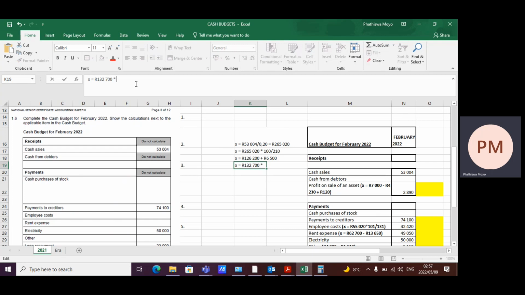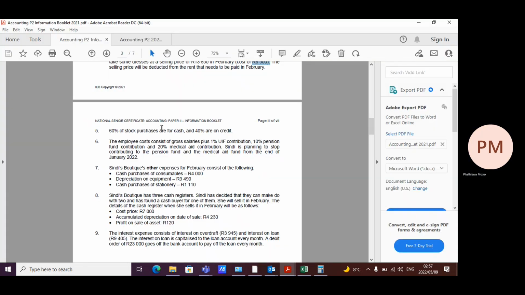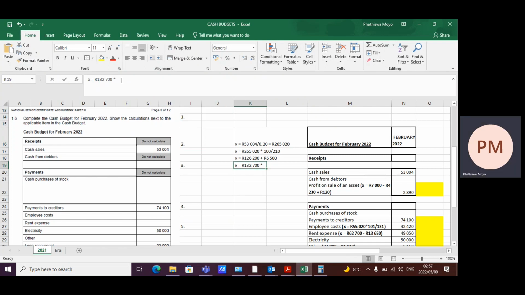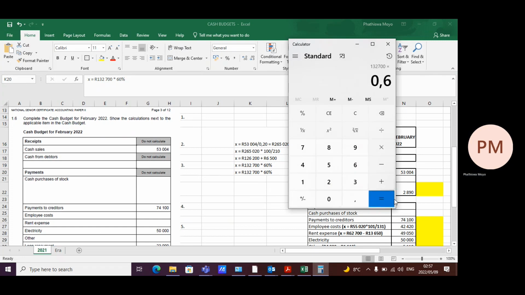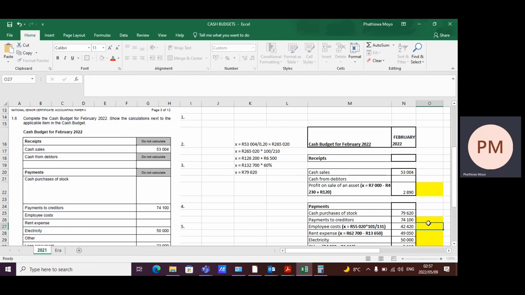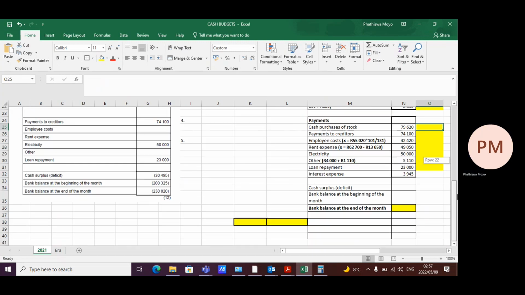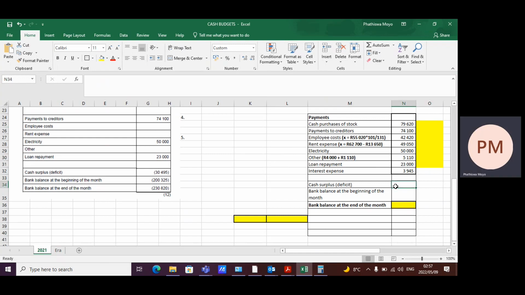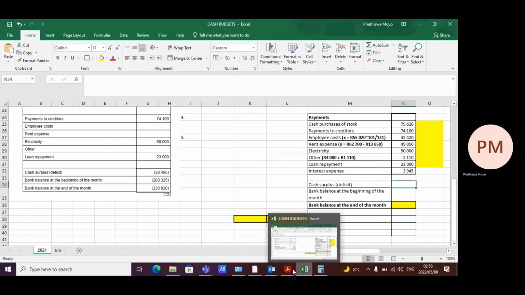So 60% is $79,620. So now it seems as if we're done with the payments part.